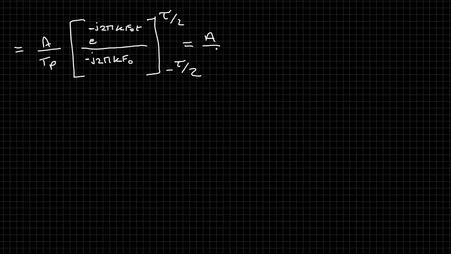So we have A over the period of the rectangular waveform, and inside we now have e to the power of minus j 2 pi k f naught, and we're going to substitute for time with tau over 2. The 2's cancel, and then we divide by minus j 2 pi k f naught.